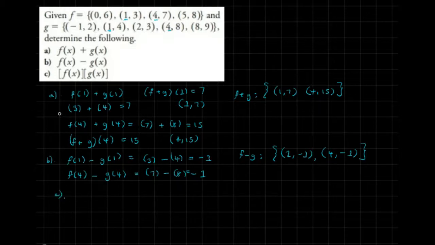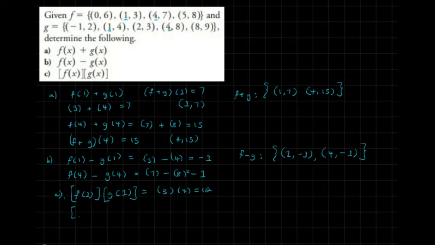Let's take a look at part C. So you have f of x times g of x. You do the same thing. You do f of 1 times g of 1, which is 3 times 4, which is 12.